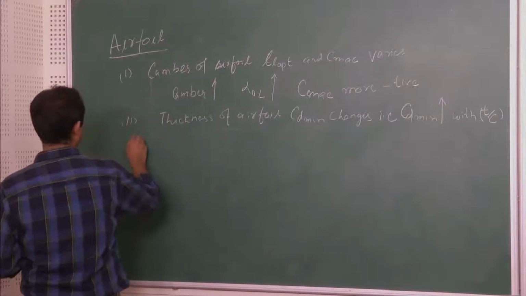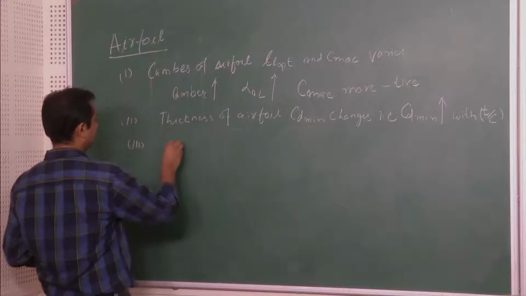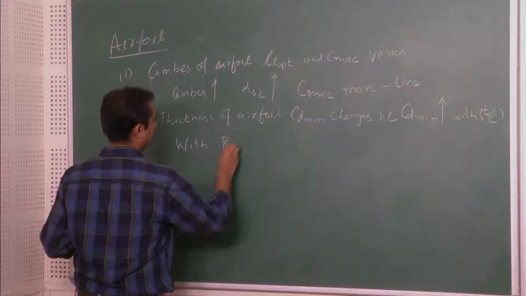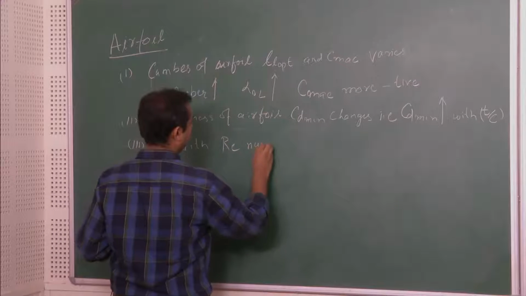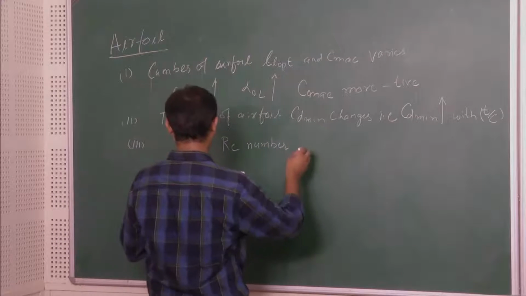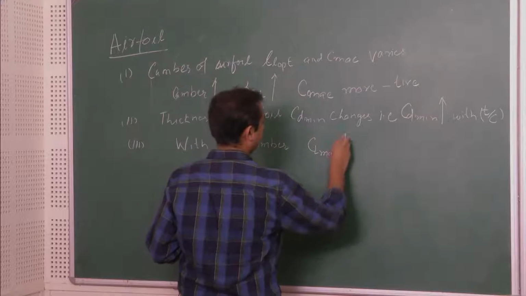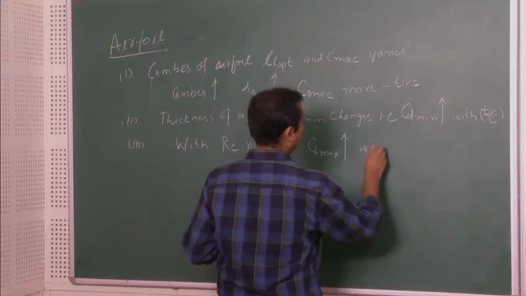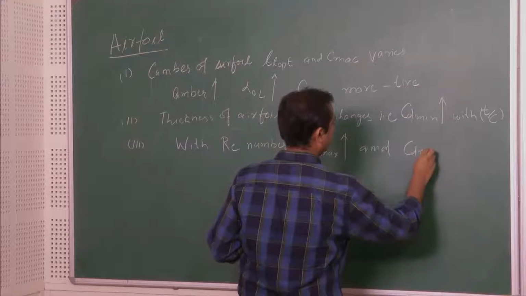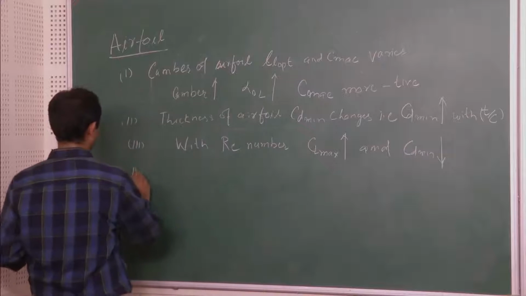Third point, with Reynolds number, CL max increases and CD min decreases.